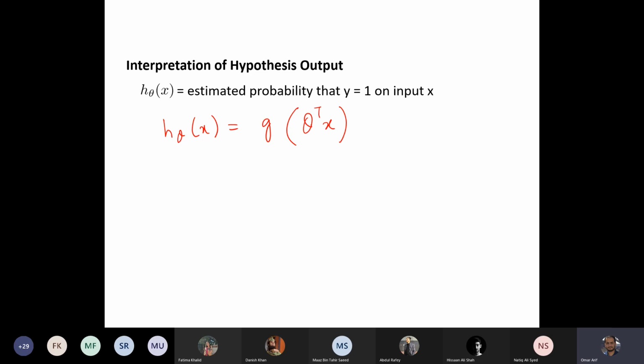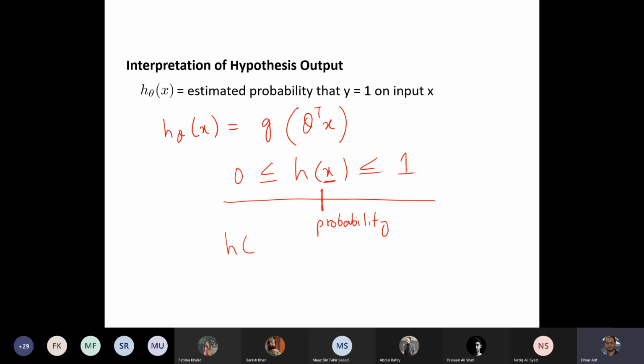I know it will always be between 0 and 1, because the way the sigmoid function is, it's always going to be between 0 and 1. So what we can say about the hypothesis is that this basically is a probability. It is estimating the probability of x belonging to the class y equal to 1.